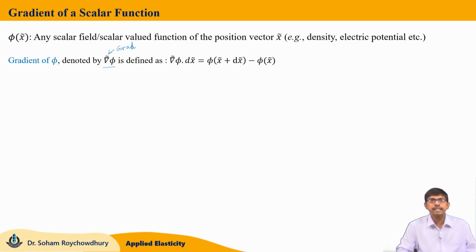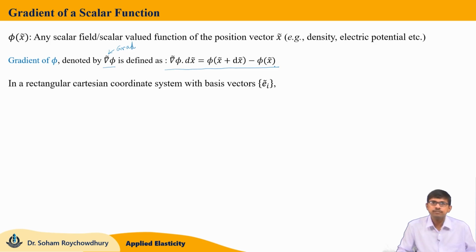Gradient of phi is a vector and it is defined through this particular equation: gradient of phi dotted with dx, the small change in the position vector, equals phi evaluated at x plus dx minus phi evaluated at initial x. So, through this expression we can define the gradient of any scalar function phi.